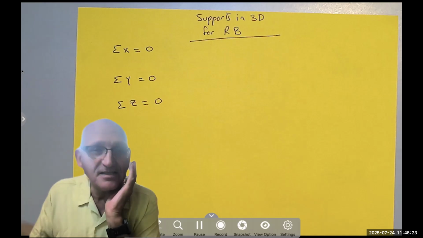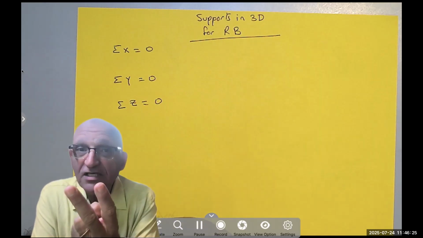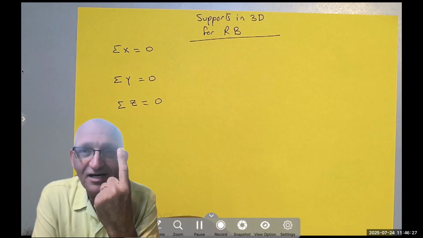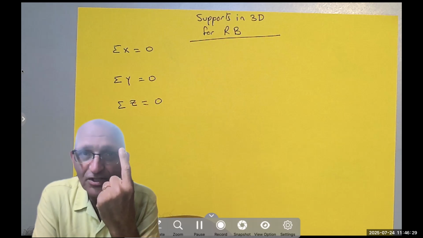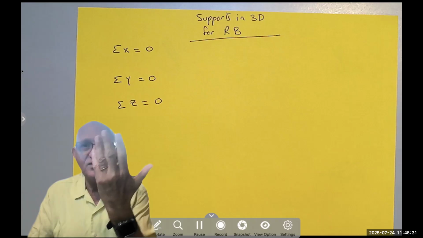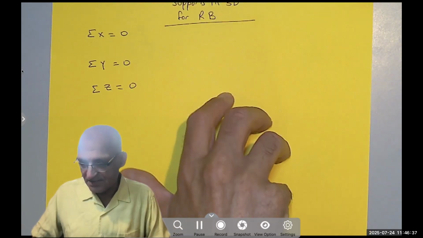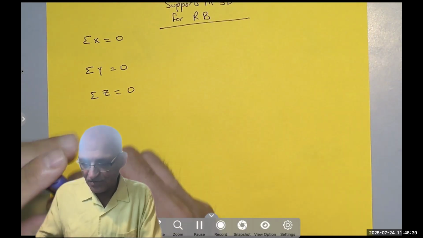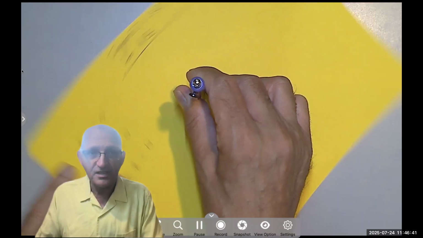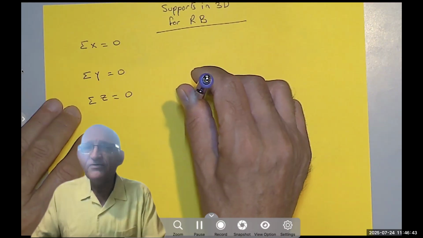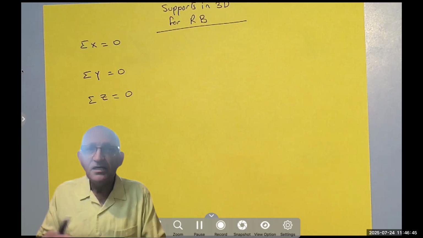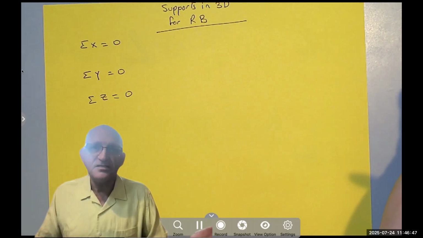But in 3D, notice in 2D, we had only one equation of moments, which is the moment around the z-axis should equal zero. The body cannot rotate about the axis perpendicular to the plane of the rigid body. But if we have a body in 3D, it really can rotate about any axis.